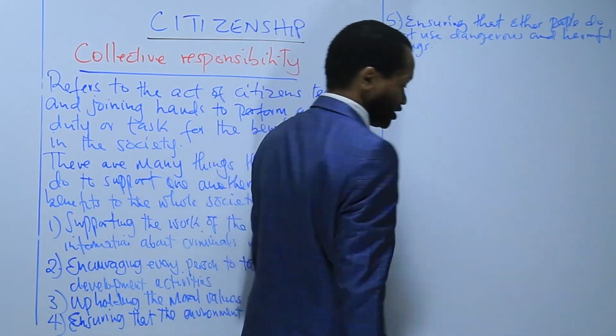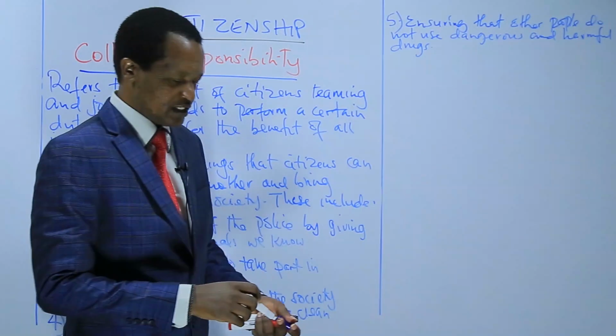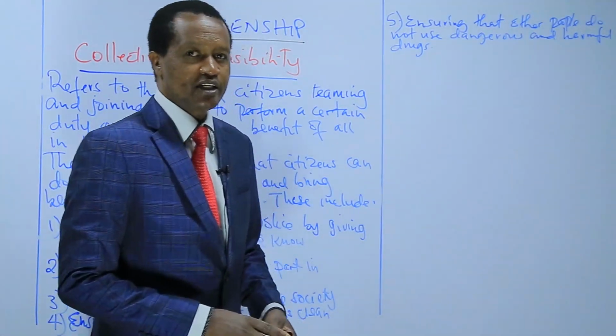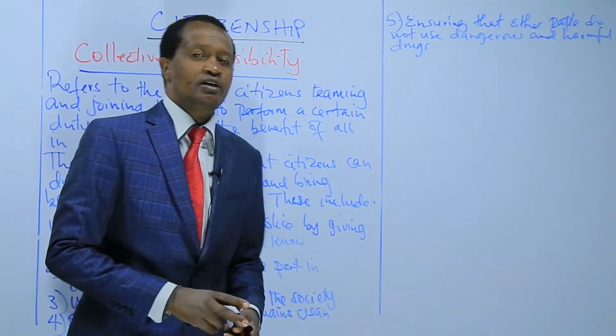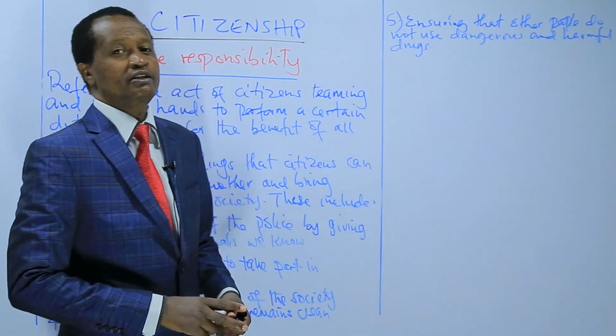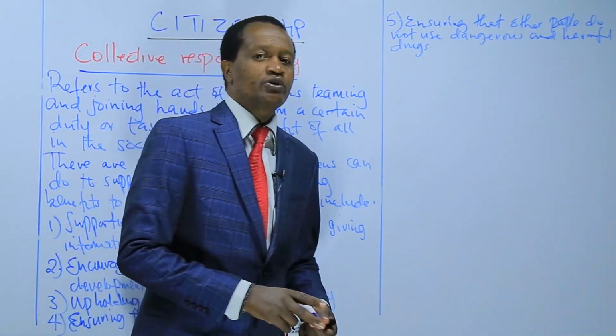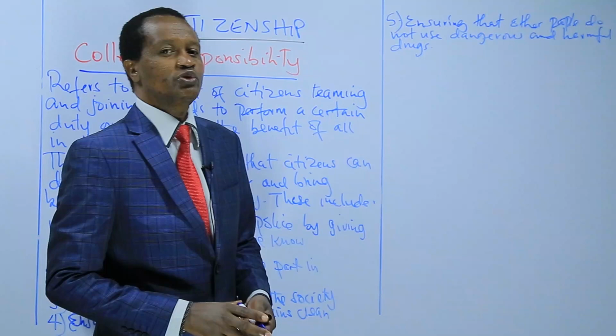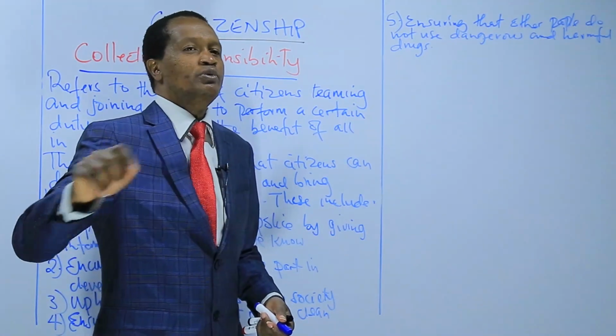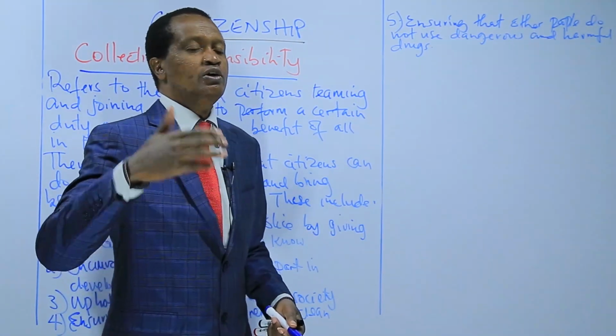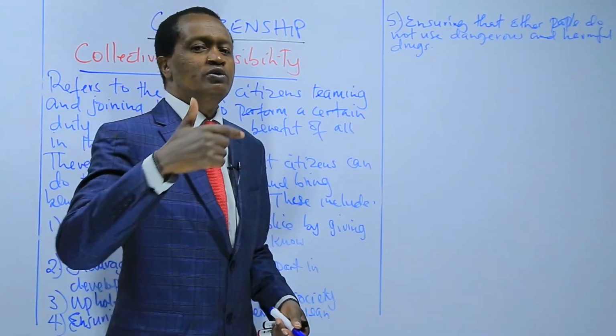We mentioned these drugs in this lesson, like marijuana, like heart, miraa, alcohol, heroin, cocaine, opium, and so on. So we should ensure that other people do not use or take harmful drugs.